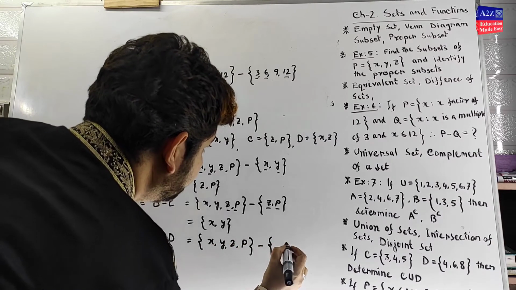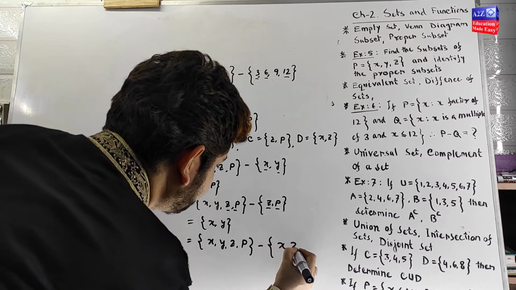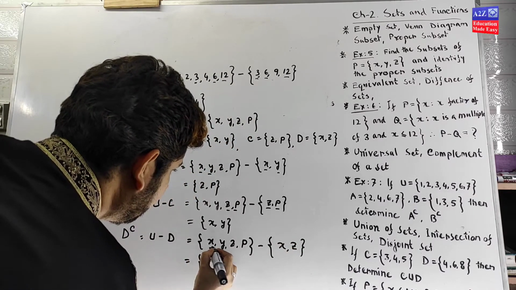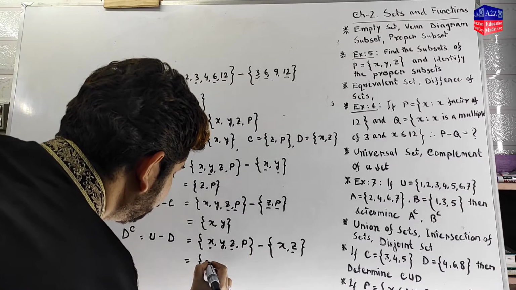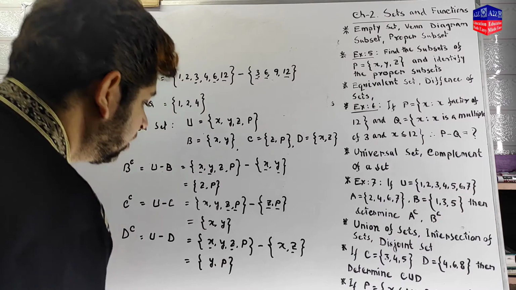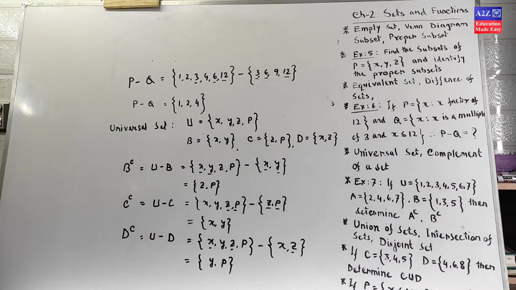Delete D means x, z. Therefore D complement would be, x and z being omitted, y and p. I hope these are very much clear to you.